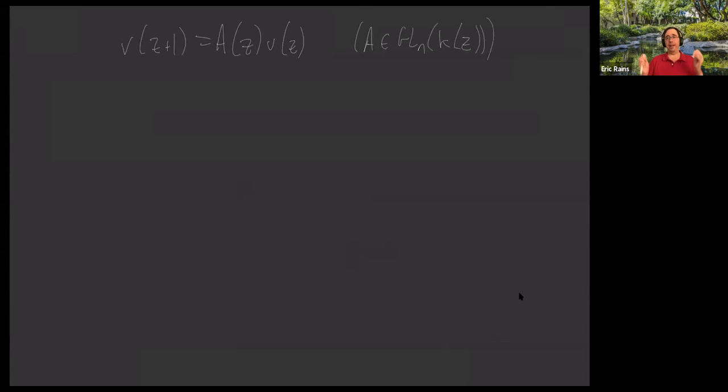So let's say it's an n by n matrix with rational function coefficients. If you like, you can pretend K is C. It's actually nicer for many purposes to allow K to be Q. And in fact, there are some parts of the theory that I can only prove by allowing K to become finite. But for the most part, you can pretend we're in characteristic 0. And especially for ordinary difference equations, it's kind of weird if they're not characteristic 0.